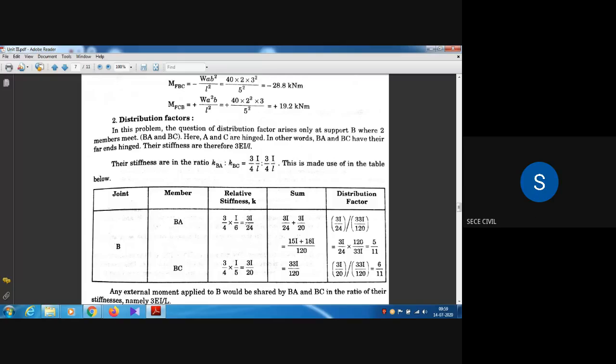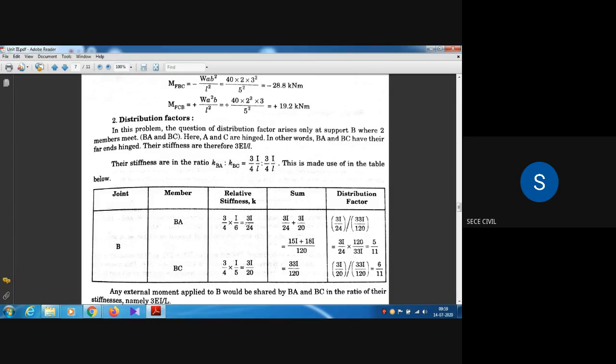For hinged, sir. If the far end is hinged, it means 3I by 4L. If the far end is fixed, it means 4EI by L.